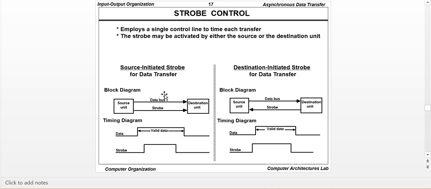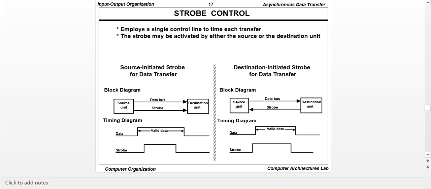That's all. But there is no way for the source unit to know whether the data has actually reached the destination unit. Similarly, in destination initiated strobe, the destination has requested the data from the source unit by initiating a strobe pulse.